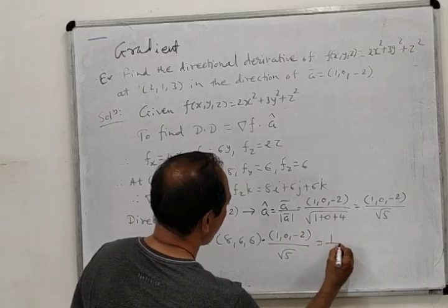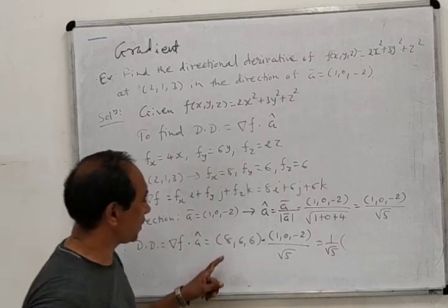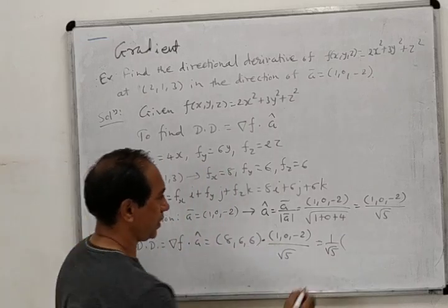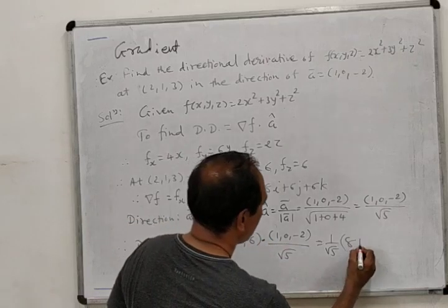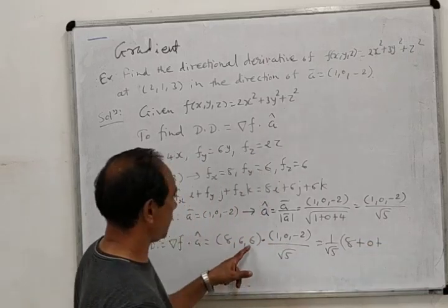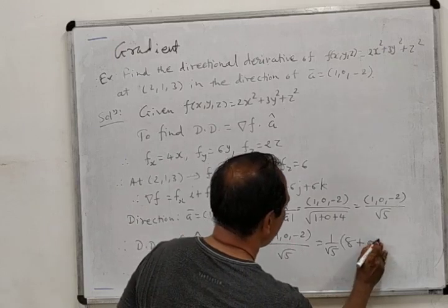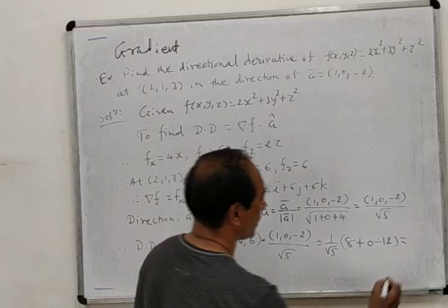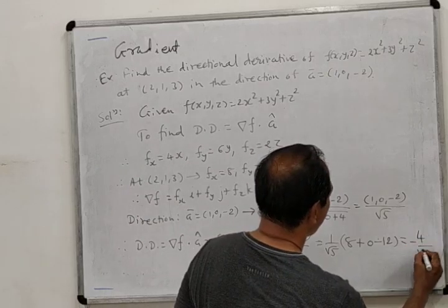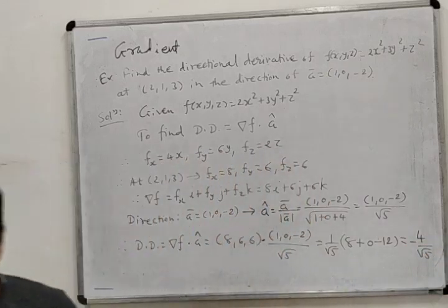So 1 upon root 5 we take outside, and the dot product is what? 8 into 1, 8, plus 6 into 0, 0, plus 6 into minus 2, that means minus 12. So 8 minus 12 is minus 4. So minus 4 upon root 5. This is the required answer.